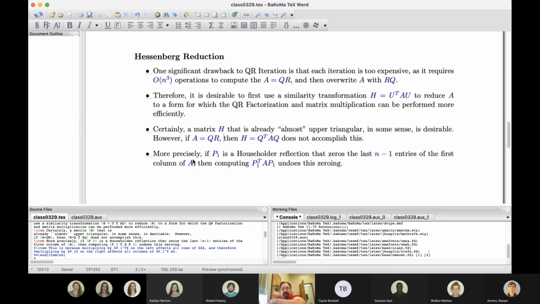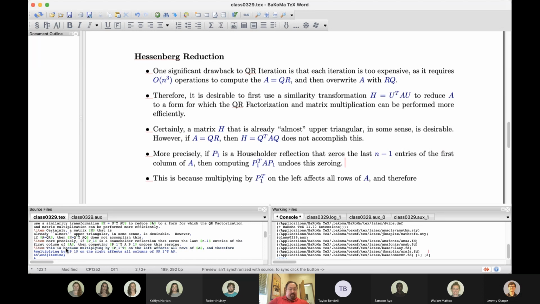So that's a first step toward making it upper triangular. So P1 transpose A has a first column that is almost entirely zero. Then I multiply on the right by P1, and that will undo the zeroing that happened when multiplying by P1 transpose on the left.